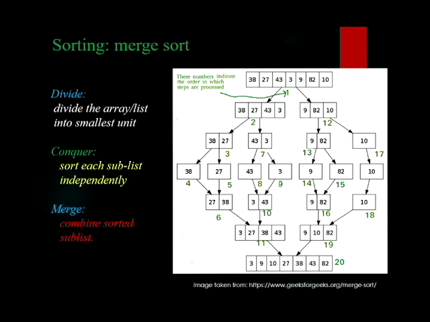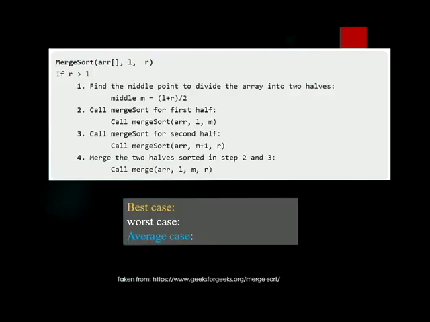Because you're going to call this in a recursive manner, maybe if you look at the pseudocode, this is the pseudocode for this. You compute the middle point, the split point: left you assign index 0, right you assign the last index of the array, and divide by 2 for the midpoint.